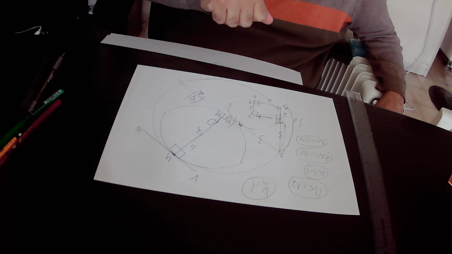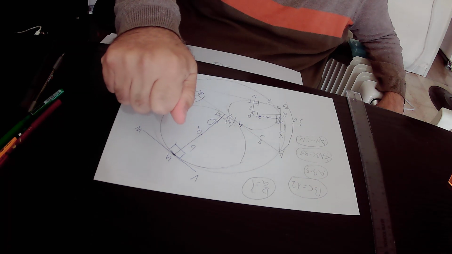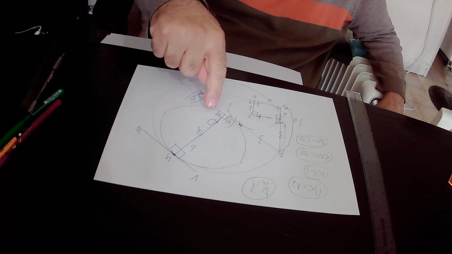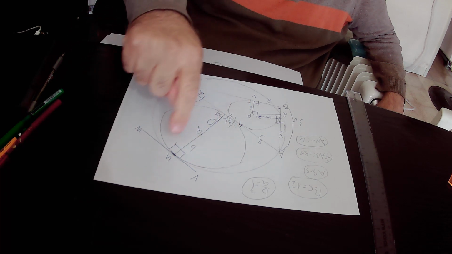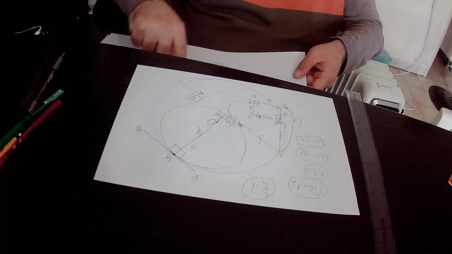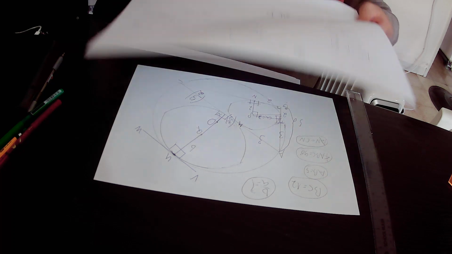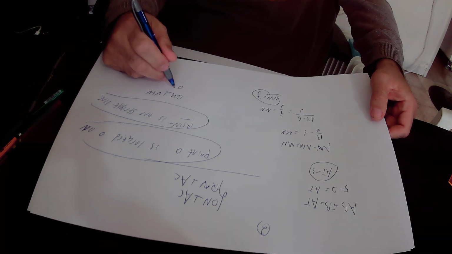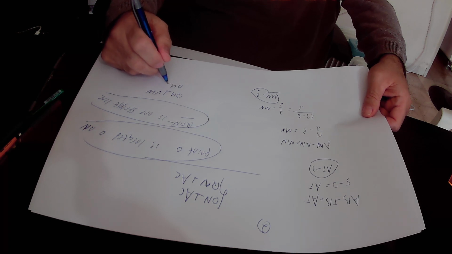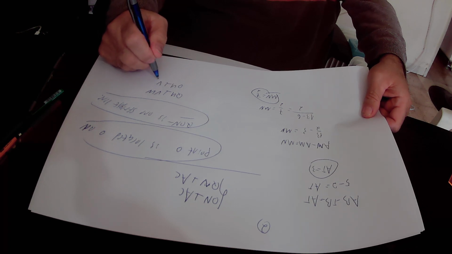Whenever you have a radius drawn to the point of tangency, then tangent VW will be perpendicular to the radius OU. So I can note that OU is also perpendicular to the tangent VW.